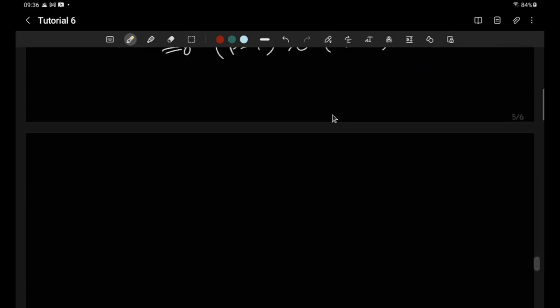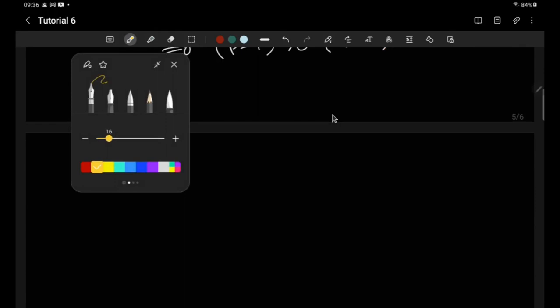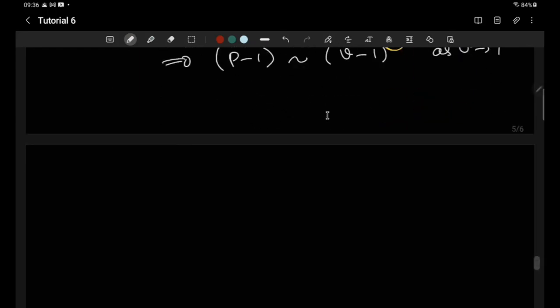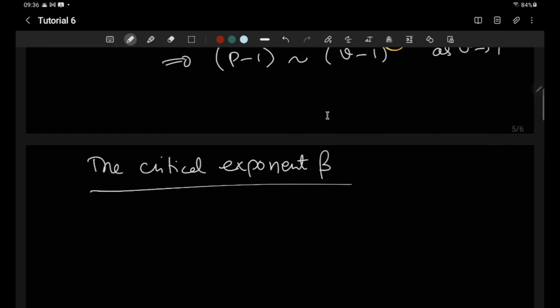Okay, so we need to do the last exponent. So let's do that. Which exponent is it now? Beta, right? We need to determine beta. Okay, so this is not an easy one, and it's defined to be as follows.